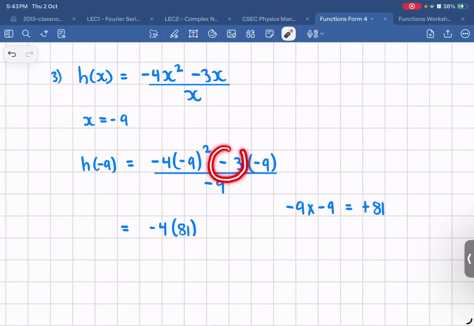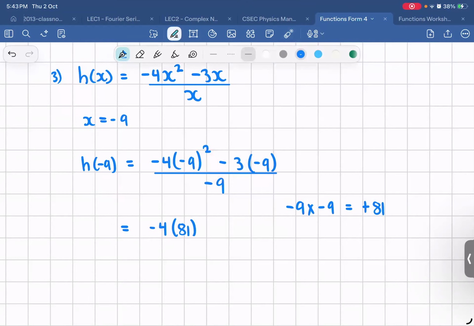What would -3 by -9 be? Would it be a positive number or a negative number? A positive. Right. What is 3 by 9? 27. Right. So you're going to end up with positive 27, right? All over -9.